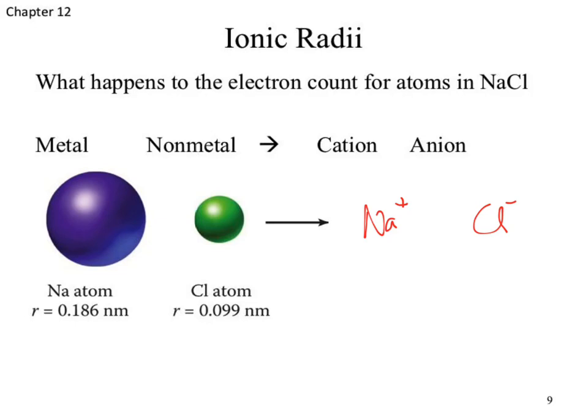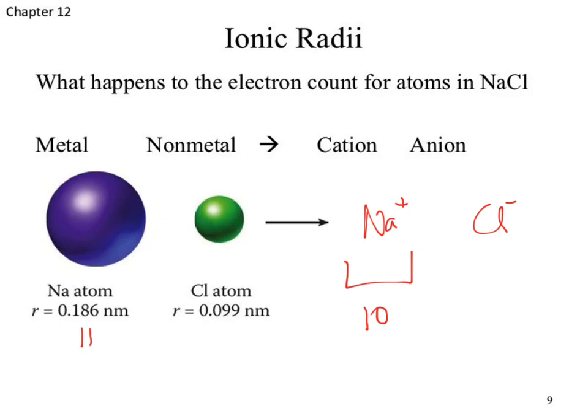Sodium atom has how many electrons? 11. Sodium ion, or cation, has 10. So I heard a bunch of people saying, well, the radius does not change. Right? When we change the number of electrons, do we see a change in the radius? Very typically we do. Okay? Think about down a column.